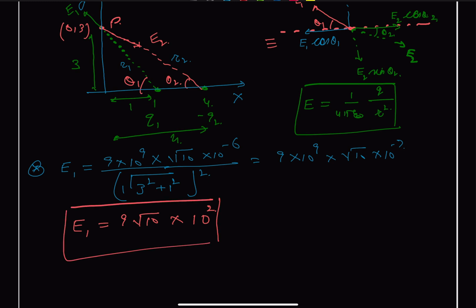Now we can write this in vector form according to the components, because we have two components, one in the sine, the other in the cos.